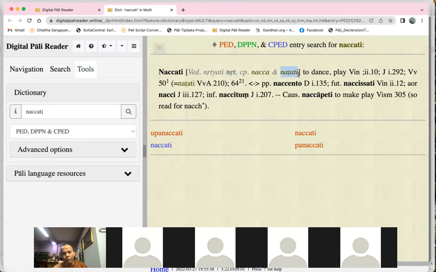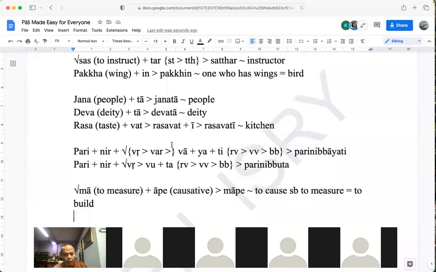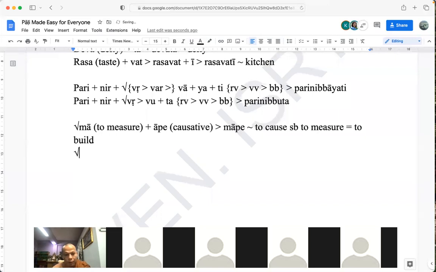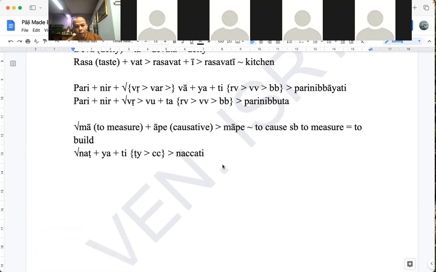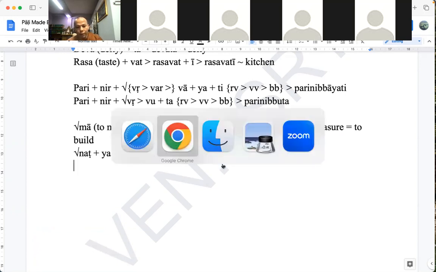Natati. So from the root nat. So root nat with the dot. And suffix is ya. And then D. So Daya become the Jaja. So we have the Najati. Not Naja. Root is not notch. Okay, and then next.